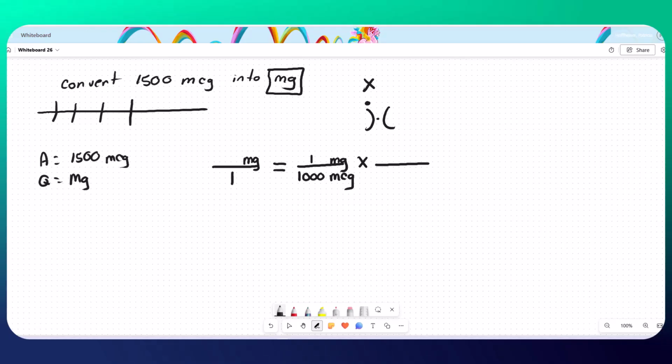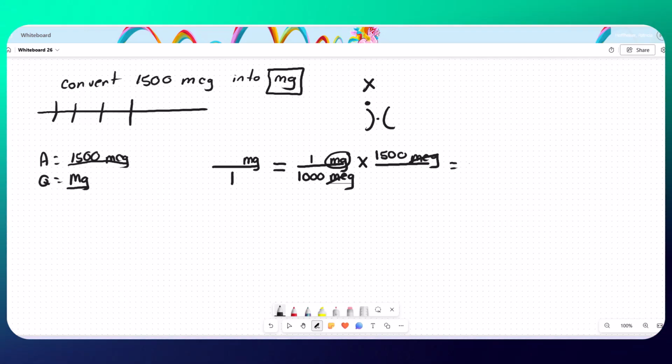You're going to get another fraction bar there. And micrograms is on the bottom of the first fraction, so micrograms must be in the numerator position of the second fraction. What's available? 1,500 micrograms. I can now cross off microgram and microgram. They're gone. All that remains is milligrams. Well, happy day, because milligrams is what my question wanted, okay?